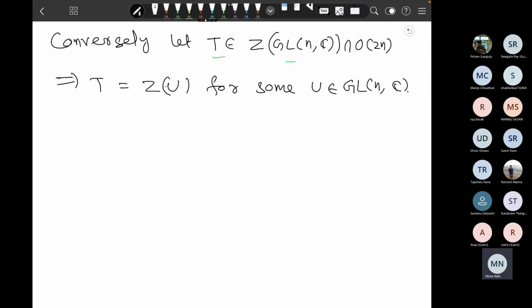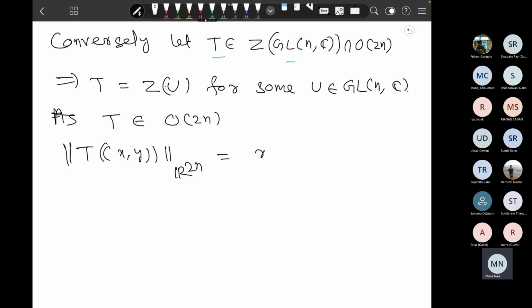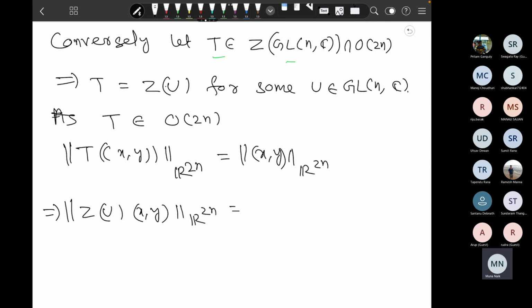Now, as T belongs to O(2n), T applied on (x, y) has the same norm on R^2n as (x, y). T will preserve the norm on R^2n. So you can write that the norm of Z(U)(x, y) on R^2n is equal to the norm of (x, y).